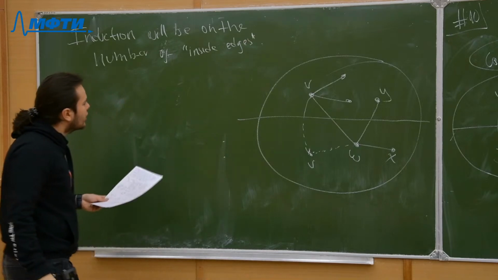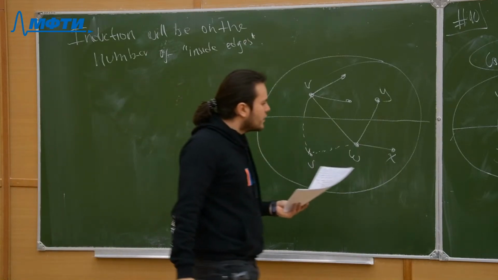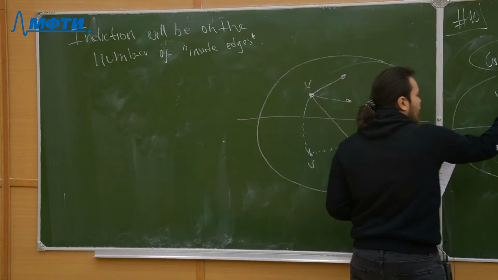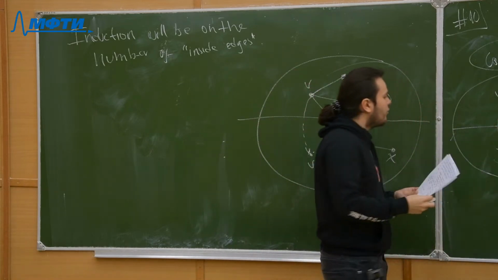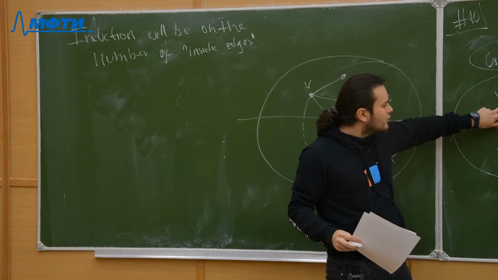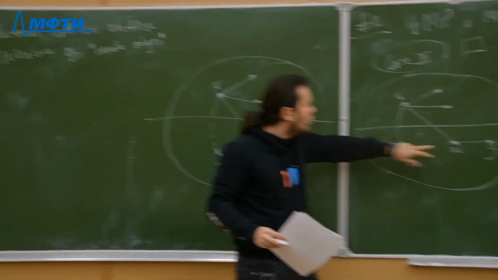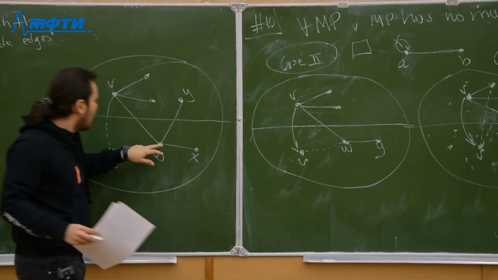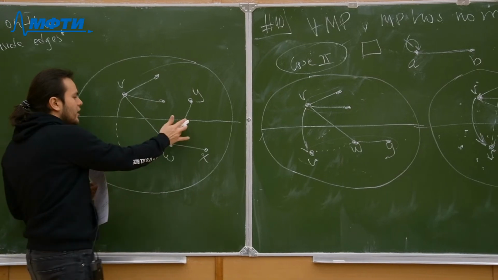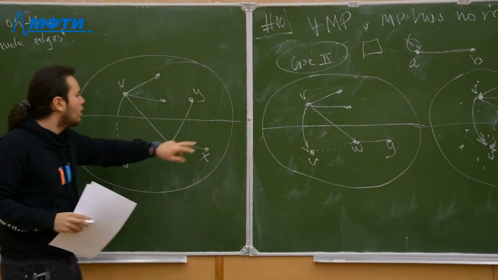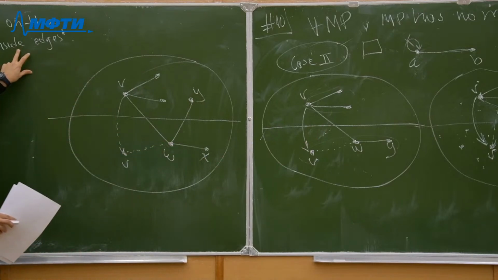Now we can check what an inside edge is. These two are inside edges. If we have an edge that is crossing from one group to the other, so from V to W, or from W here to Y, then this edge and this edge are not inside edges.